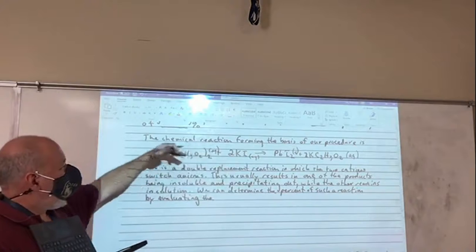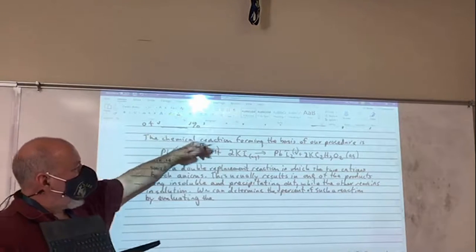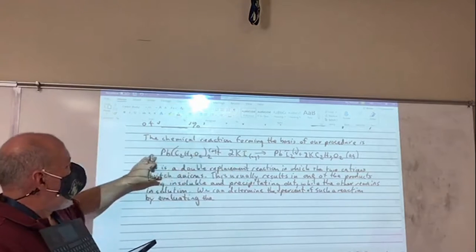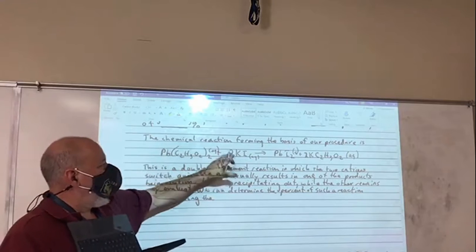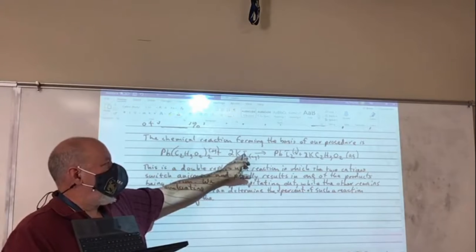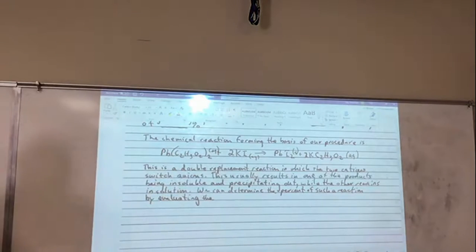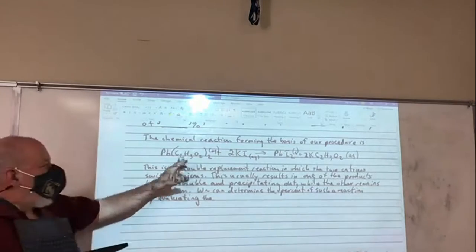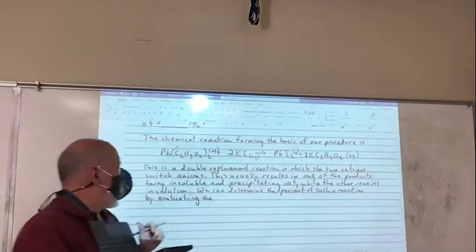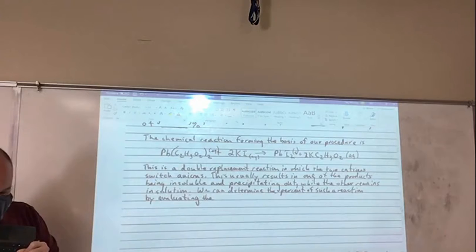When I look at the study of figuring out how many moles of one thing reacts with the number of moles of the other thing, does anybody remember what that study is called? Stoichiometry. Okay? We look at the stoichiometry.